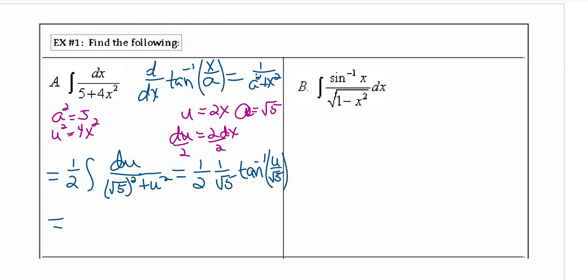So doing our substitution back, we have 1 over 2 root 5, and then we have inverse tangent of 2x over the square root of 5, and of course our plus c.